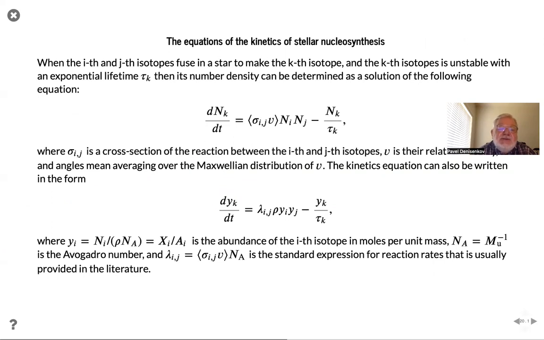This energy source can either be gravitational, for a relatively short time, or for longer times, it is provided by thermonuclear reactions. And thermonuclear reactions change chemical composition inside the stars, right? And changing chemical composition is actually what drives the evolution, what drives the change of their structure with time.